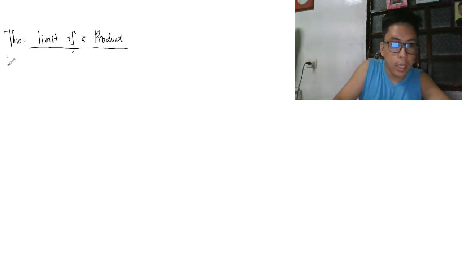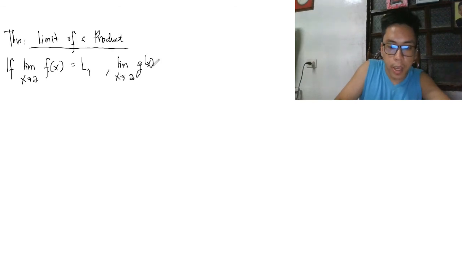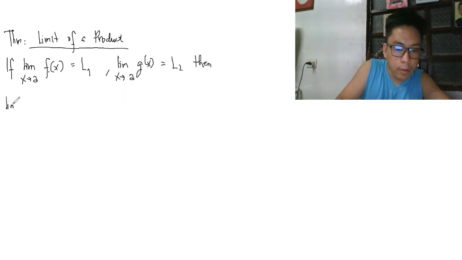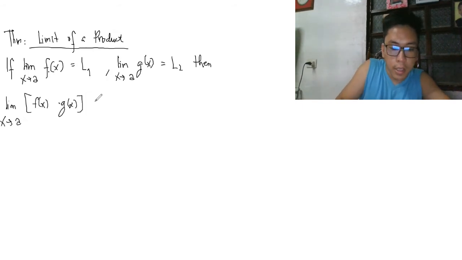Meaning to say that if the limit of f of x as x approaches a is L1, and the limit of g of x as x approaches a is L2, then the limit of f of x times g of x as x approaches a is the same as the limit of f of x as x approaches a times the limit of g of x as x approaches a.